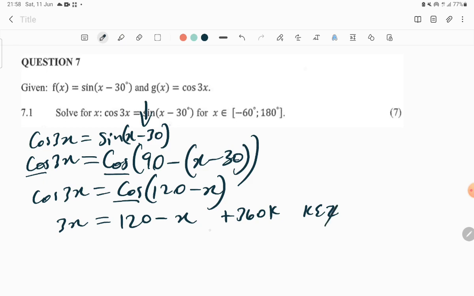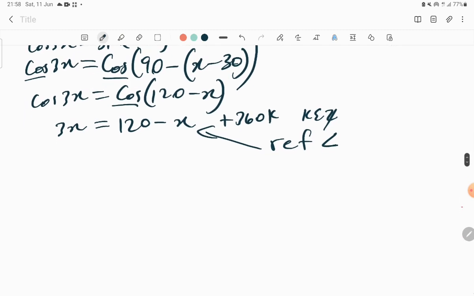Now, when you are adding 360, you just need to remember that that step on its own is going to give you a reference angle. So we are going to use this as a reference angle. We can continue calculating, but at the end of the day, when we're looking for another general solution in the other quadrant, we're going to use this reference angle. Now let's just quickly answer. Let's take this negative to the other side.